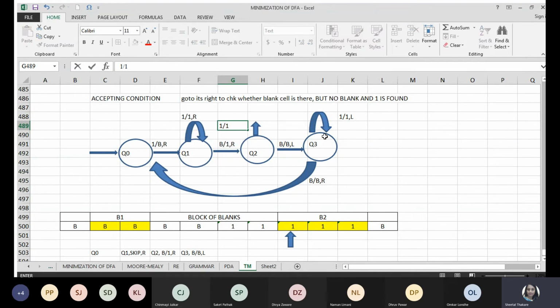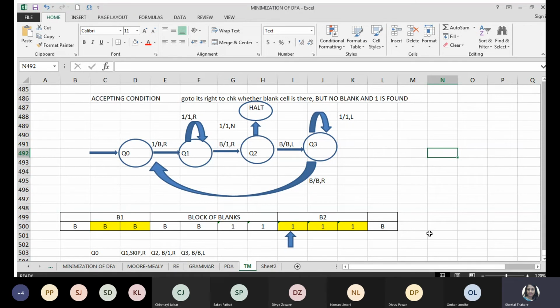Let it be 1, perform no action, and this is your accepting condition. So you halt. So you say here halt. So this will be your complete Turing machine design for the given operation.